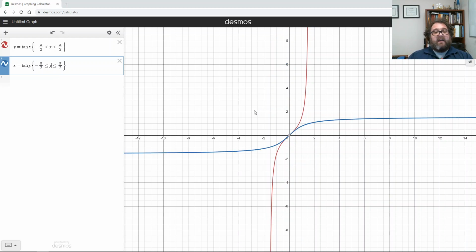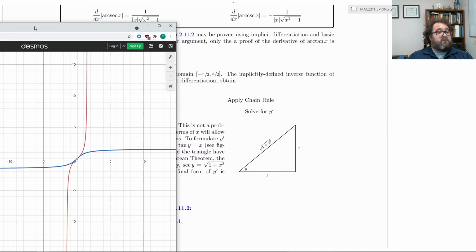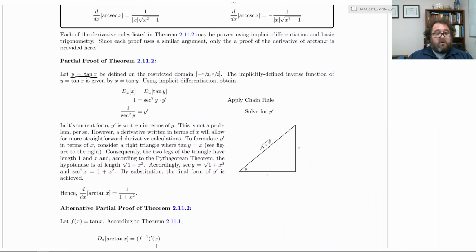Now the red curve is tangent, and the blue curve is inverse tangent. It's arctan. Now, how do you find the derivative of arctan? Well, if we start with just the tangent, y equals tangent, the inverse function is given by x equals tan y. That's what I just showed you.